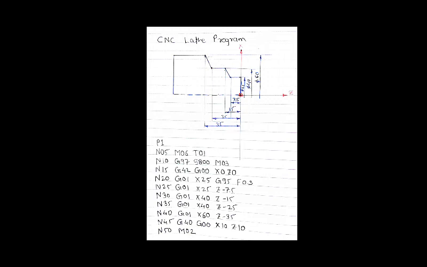M03 is for giving the direction of rotation to the spindle, that is clockwise. Then we have used G42, which is for tool radius compensation, right mode on. G00 is for rapid traverse, G01 for linear interpolation, G40 is for cancelling the tool radius compensation mode, and the last, M02, is for program end.